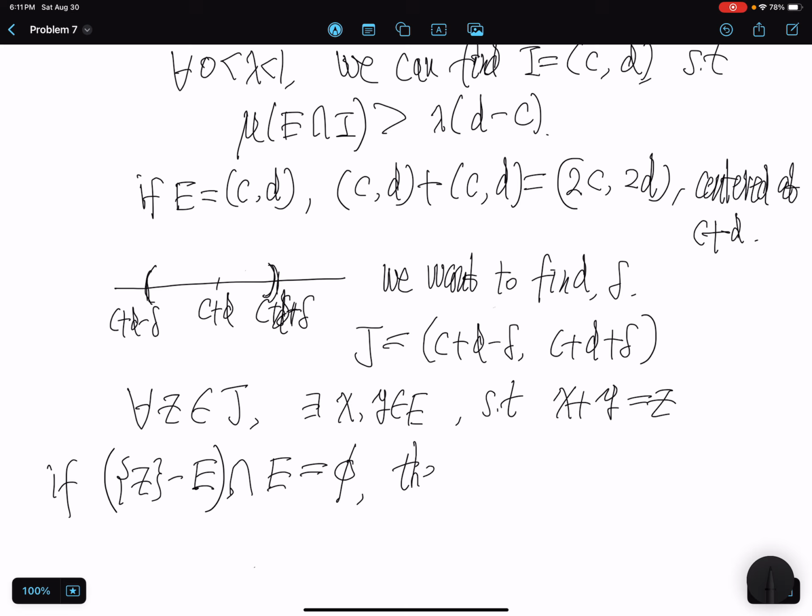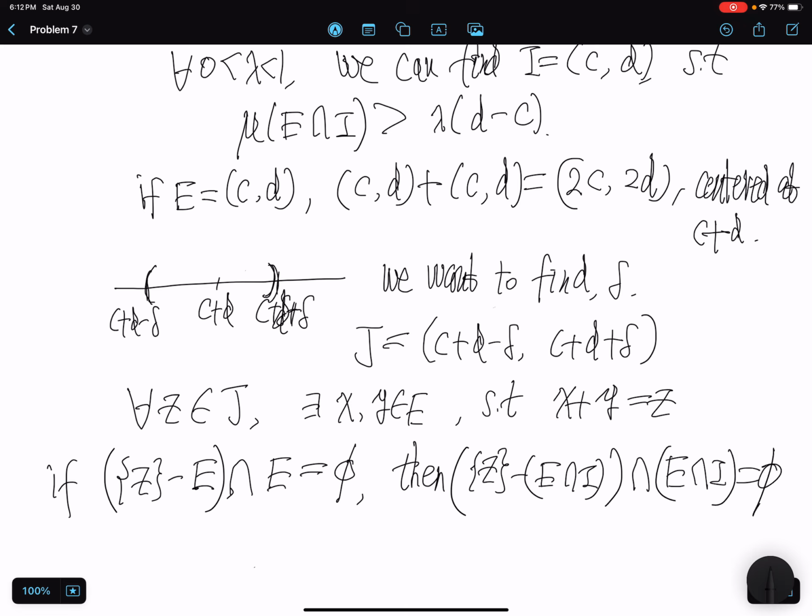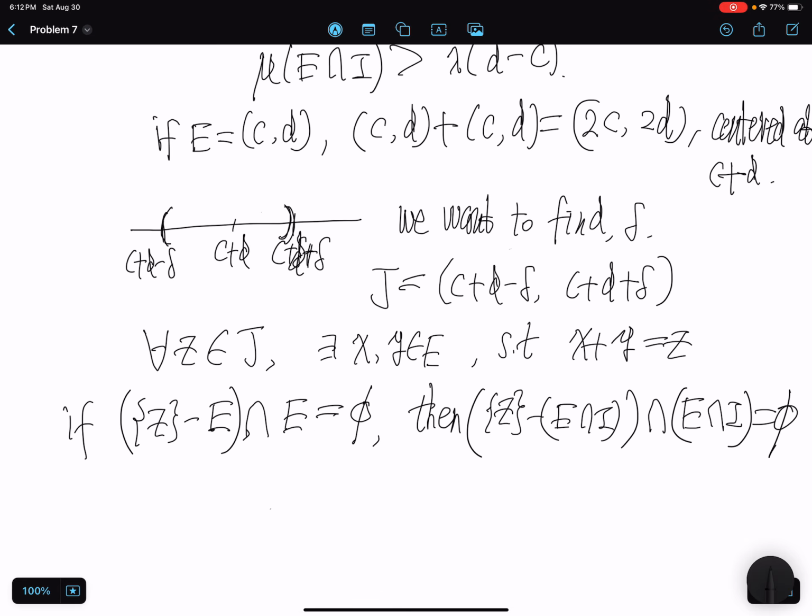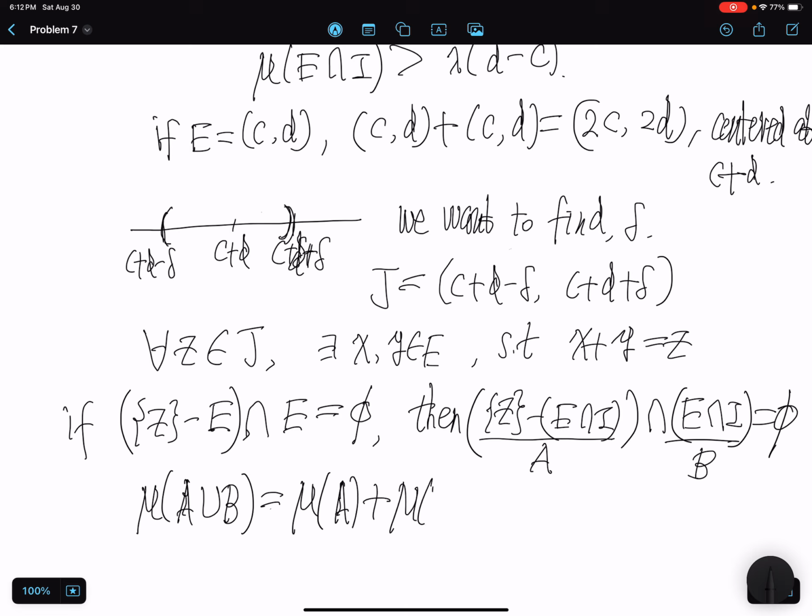I'll define this one to be A and this one to be B. Then the measure of the union of A and B, because they are disjoint, is mu A plus mu B.